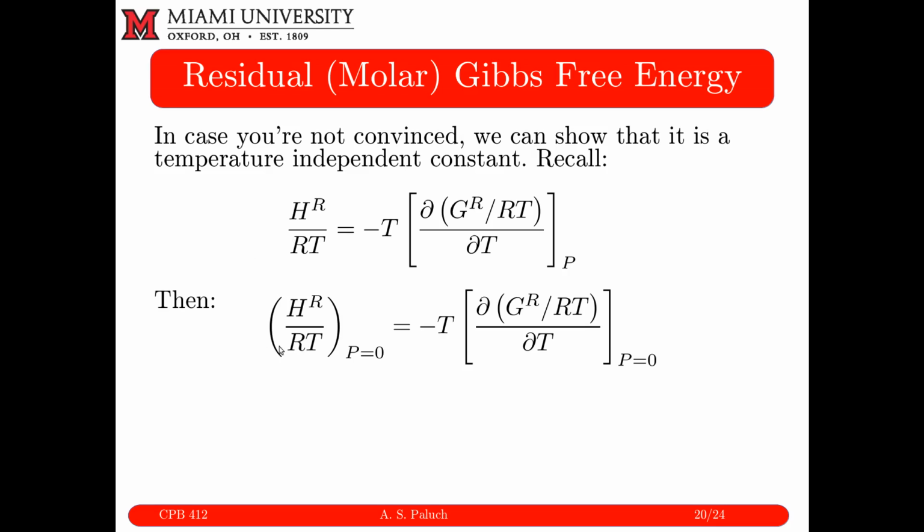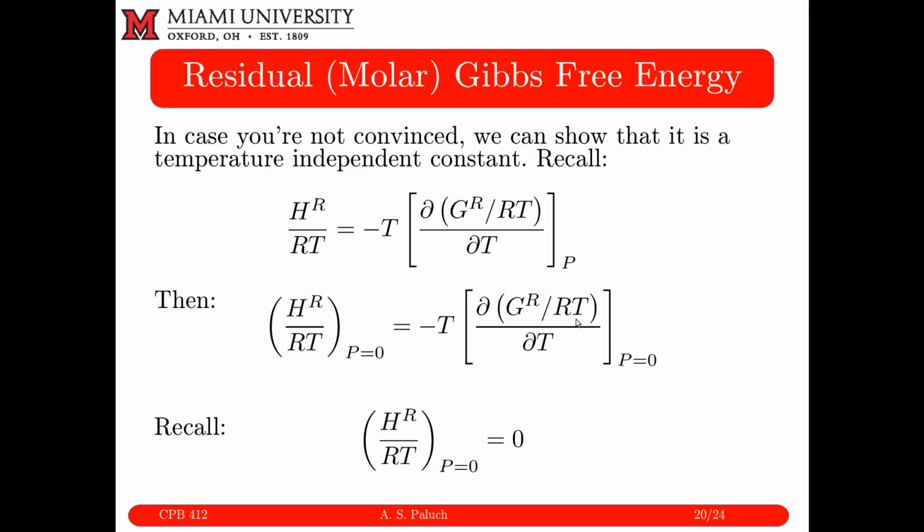So in order for this to be equal to 0 in the ideal gas limit, this has to be a constant, so that the differential of my constant is just 0, and they're consistent with each other. So we know this to be equal to 0 in the ideal gas limit, and in order for that to be true, this term has to be equal to some constant.